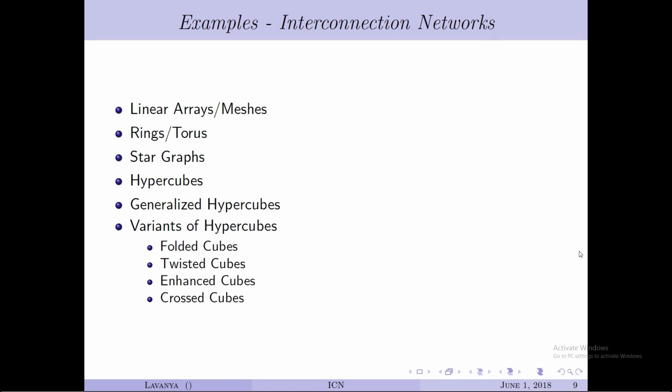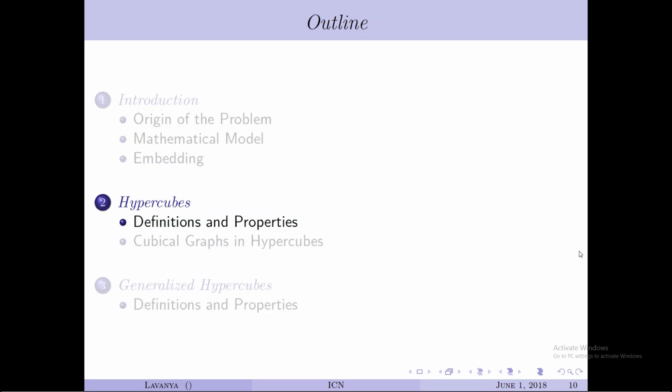And then we also have generalized hypercubes, a generalization of the hypercube structure, and other variations of hypercubes like folded cubes, twisted cubes, and there is also one more beautiful structure which I have not included here. It is called cube connected cycles. That is also another interesting structure. It has very beautiful properties. So, we will try to see if possible after we do this.